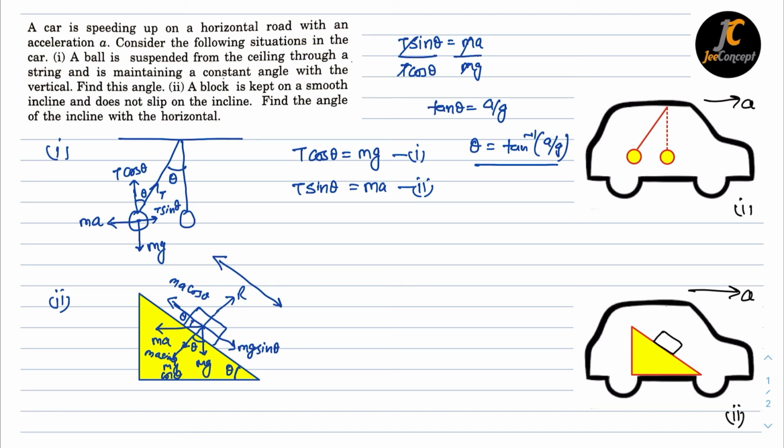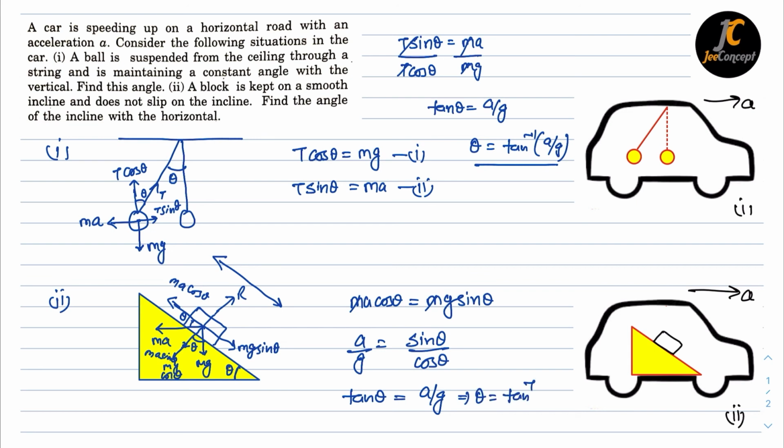So we can say ma cos theta is equal to mg sin theta, right? m will cancel out. So a by g is going to be sin theta upon cos theta, or I can say tan theta is a by g, right? So that means theta is again tan inverse a by g. So in both the cases, theta is the same. So this is the solution of this problem.